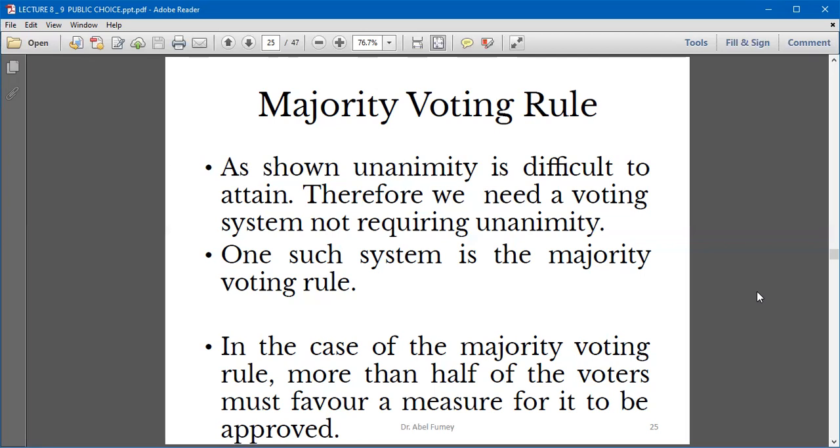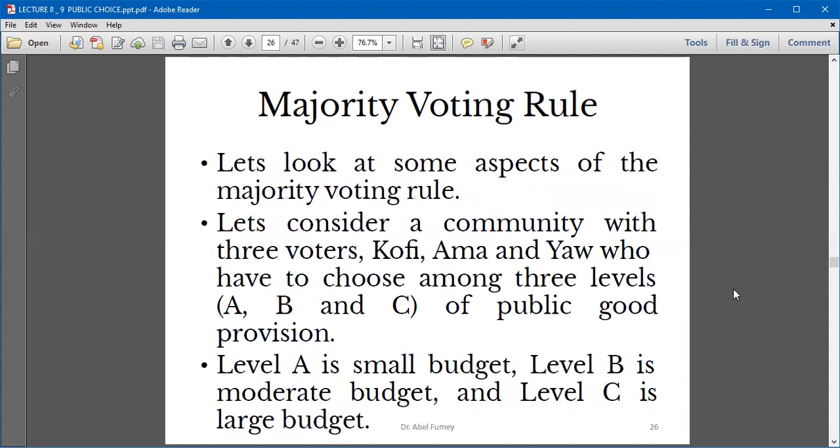So if 100 people are voting on a policy and 51 people vote in favor of that policy, then the policy is implemented. That is basically the majority voting rule. Now let's look at an example of this voting system.